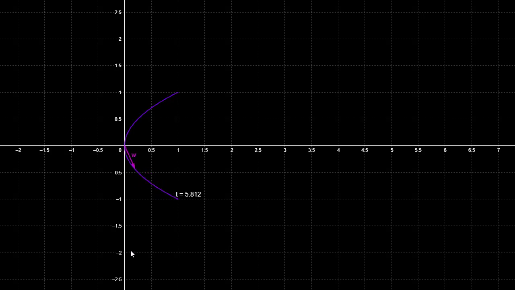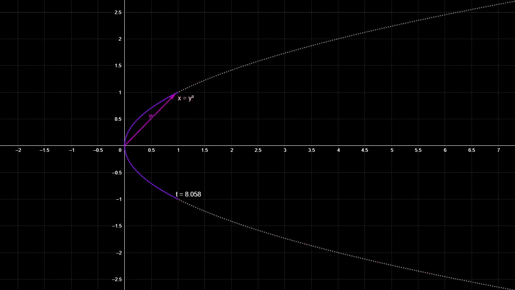And we'll go back and forth along this same path. The path is the same, but how it's being traveled is different. And that is the basic idea of how vector-valued functions work.